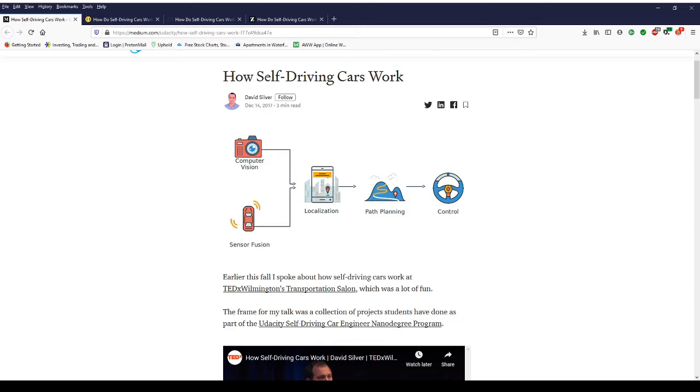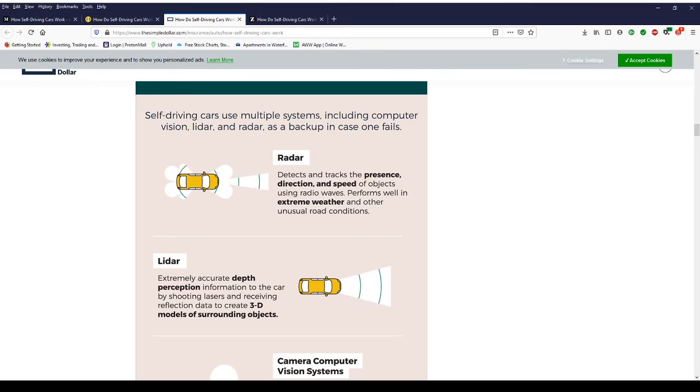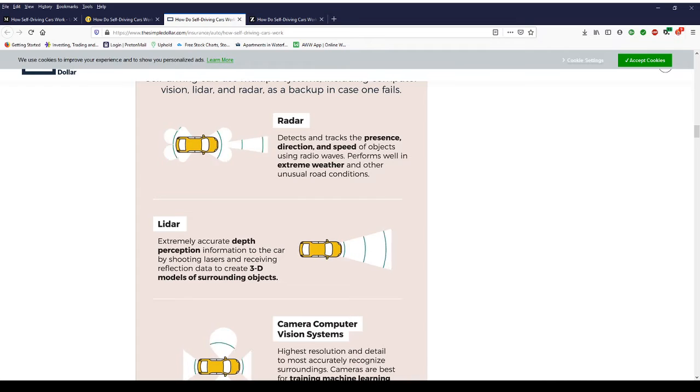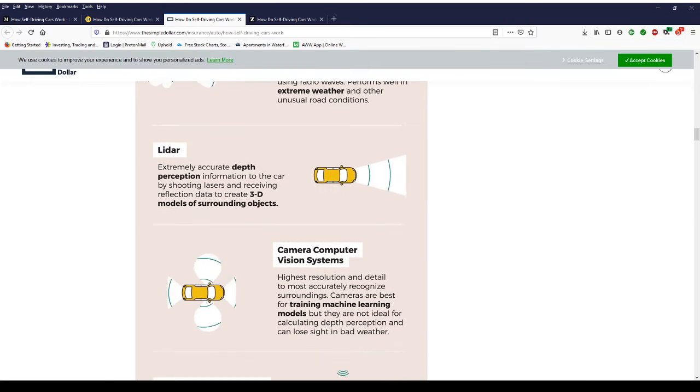A self-driving car has lots of sensors. Here we see some of the sensors commonly used in self-driving cars. Radar is one of them; it detects the presence of objects and also the speed at which they are approaching. LiDAR is extremely accurate; it gives you a 3D representation of all the objects around it.